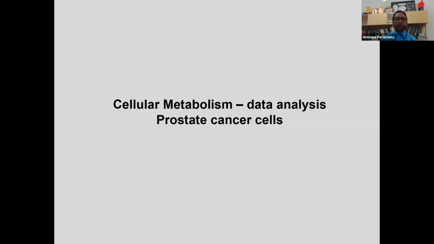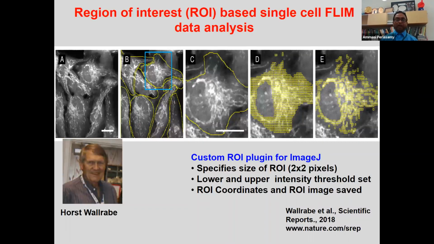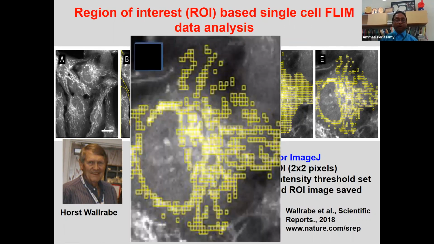Now I will show you the cellular metabolism and how we are processing the data. People process the data by excluding the nucleus and taking the whole cell. But the ROI method which we introduced also allows you to differentiate. This image segmentation method selects the mitochondrial area and the cytoplasm, and it gives you the separation of OXPHOS and glycolysis.